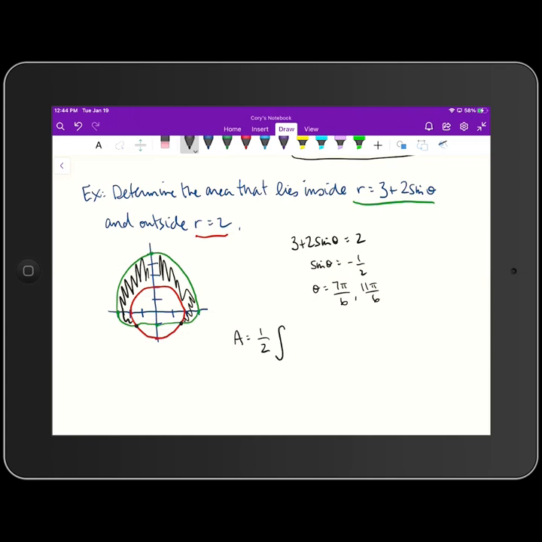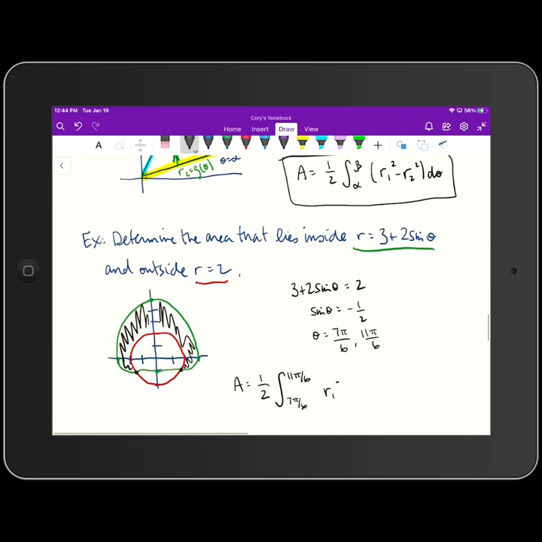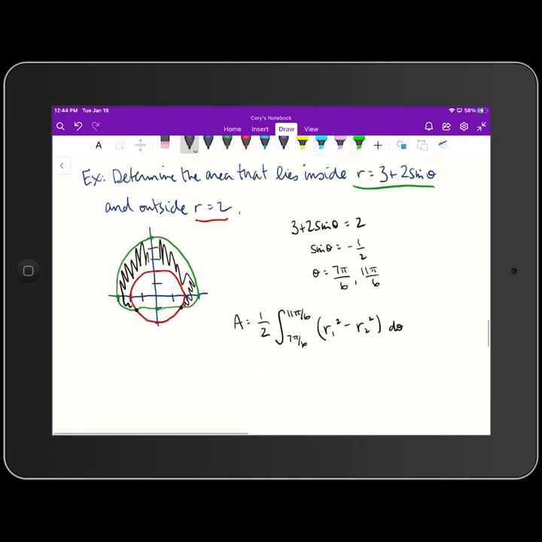You would do 1/2 times the integral from 7 pi over 6 to 11 pi over 6 of the longer radius. I'm not going to write this part in yet. So it would be the longer radius, r sub 1 squared, minus the shorter radius, r sub 2 squared. And then you would integrate that with respect to theta.